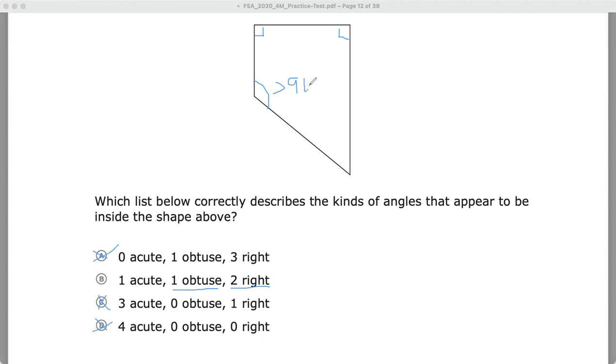It is obtuse. And then the acute angle is this one right here. I always like to think of it as acute if it's little. So this one is acute, it is less than 90 degrees. So 1 acute, 1 obtuse, and 2 right angles.